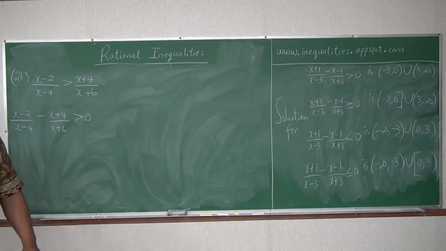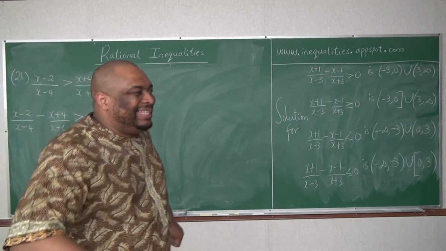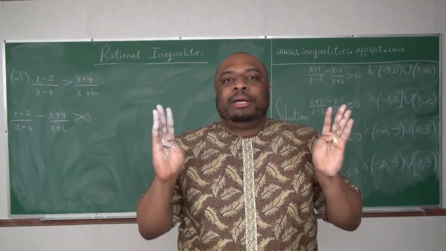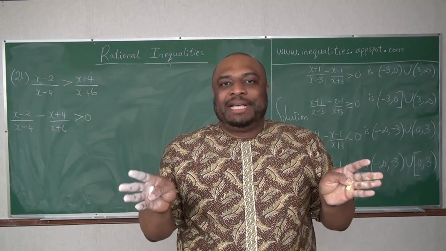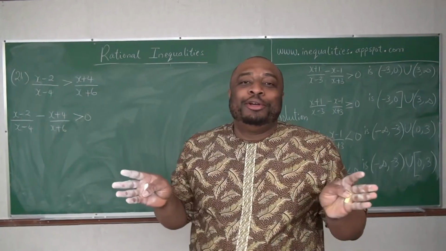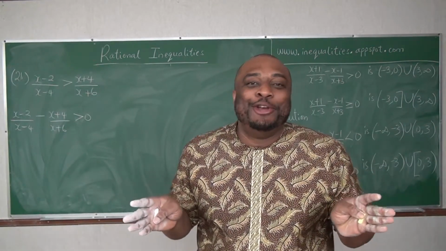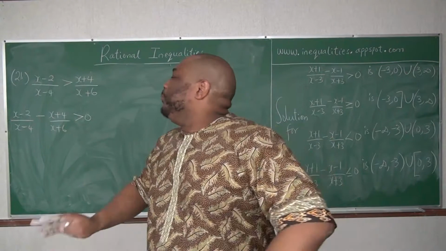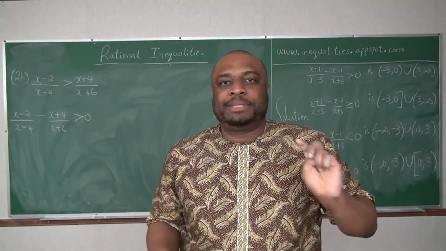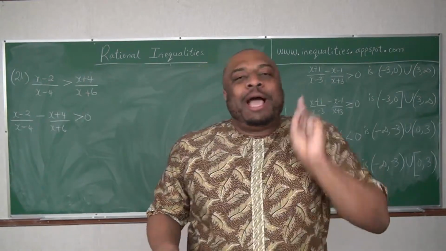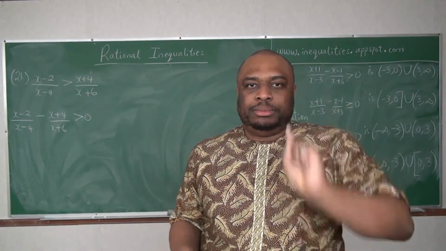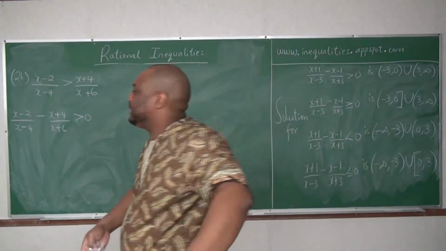So first step done. Second step, do we have only one term on the left-hand side? No. We have 2 terms on the left-hand side. So we have to make it 1 term on the left-hand side.